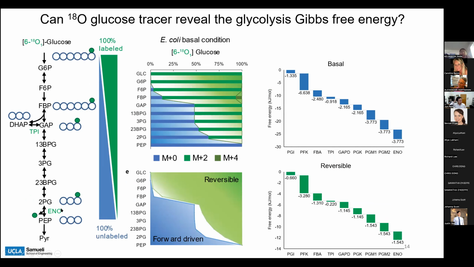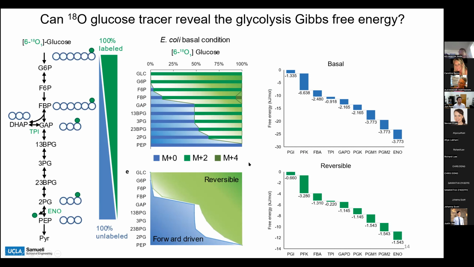So if you look into the final step of glycolysis, second to the last step, which is enolase, it detaches the labeled 18O here to make PEP unlabeled. So we thought that 6-18-O-glucose will be ideal for quantitating Gibbs free energy of E. coli.